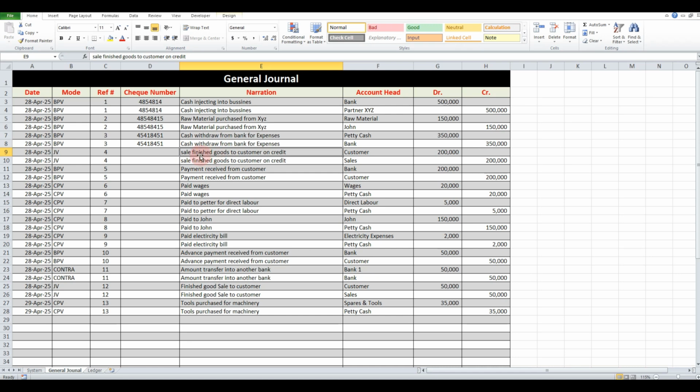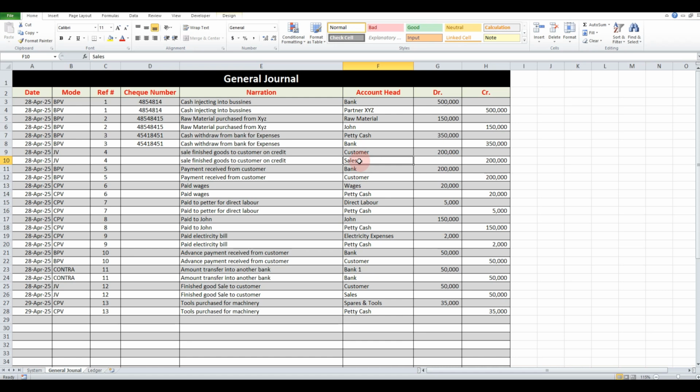Now the fourth entry shows selling finished goods to customer on credit. First I purchased the raw material on credit. Now I have sold the finished goods to customer on credit. So here I have debited the raw material. On the other hand, here I have debited the customer's account and the sales account.